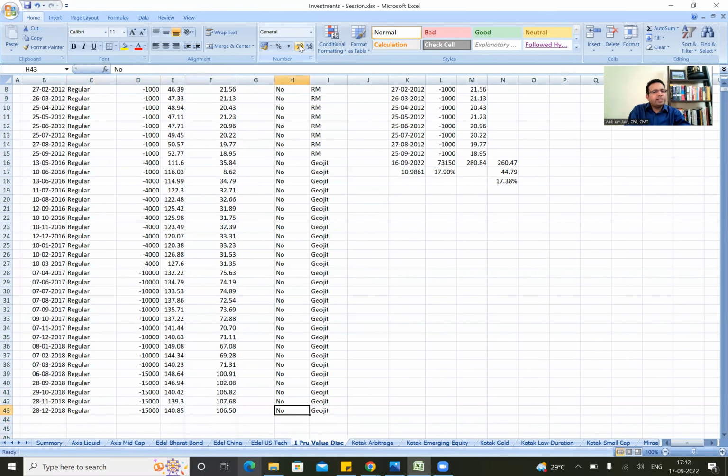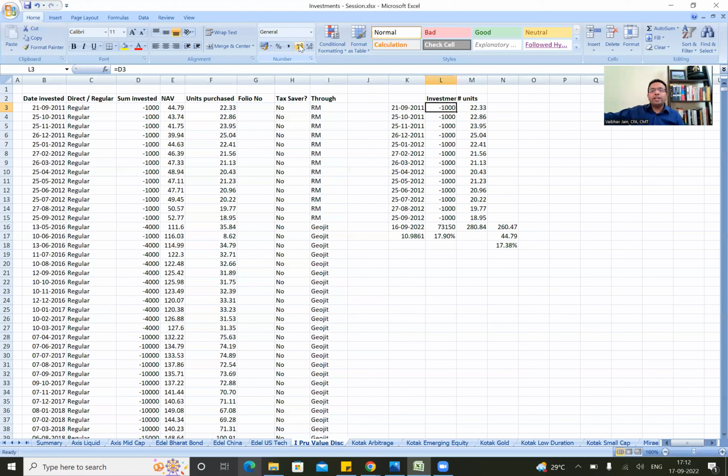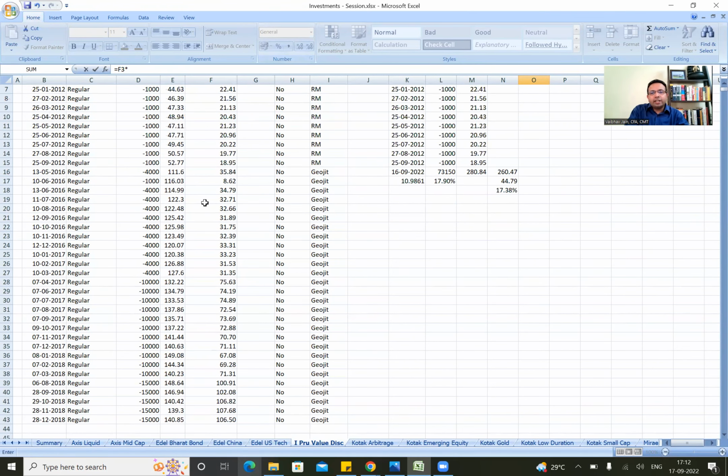Or you can even take the investment value into the picture as well. If you had only considered 1,000 rupees, what it is becoming 21st September 2011, 1,000 rupees, what it would have become today. We could have easily calculated. It was nothing but units purchased 22.33 into what is the current NAV. And current NAV, we can take it from this 280.84.